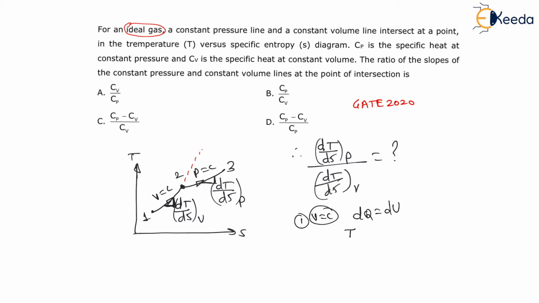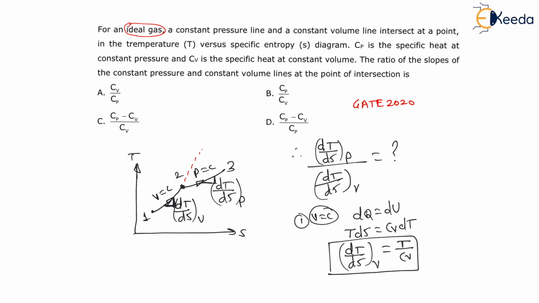Therefore, heat is nothing but TdS and internal energy is CvdT. Therefore, for the constant volume process, dT by dS is nothing but T by Cv. This is the slope of the constant volume process on the temperature versus entropy diagram, right?